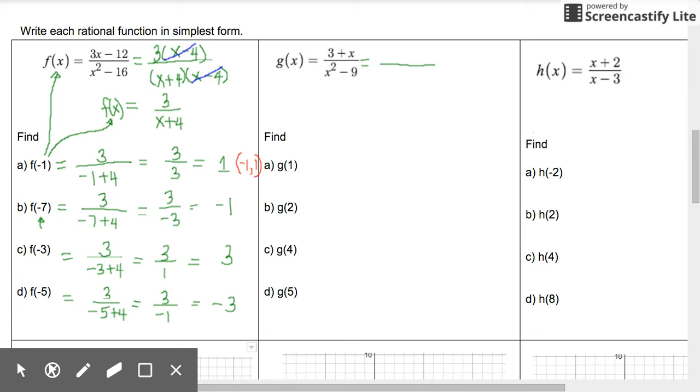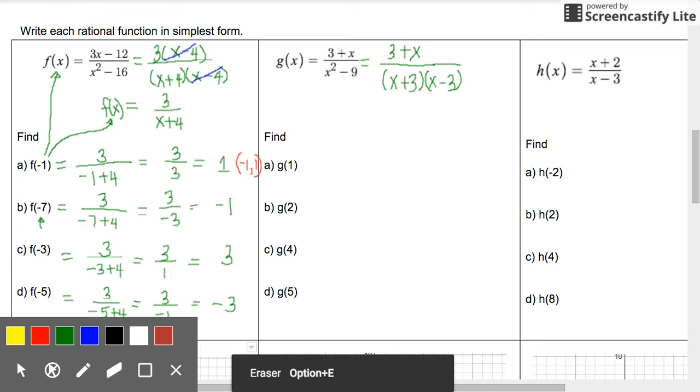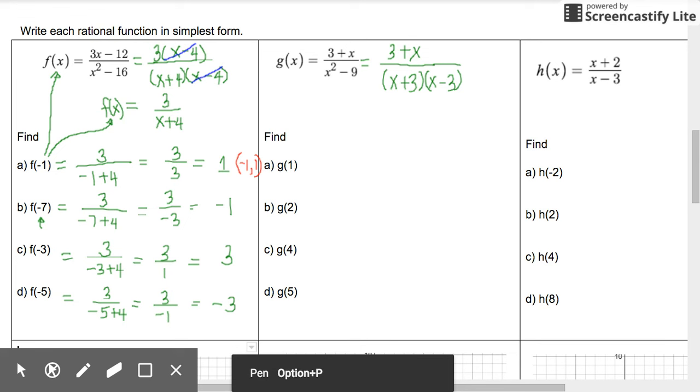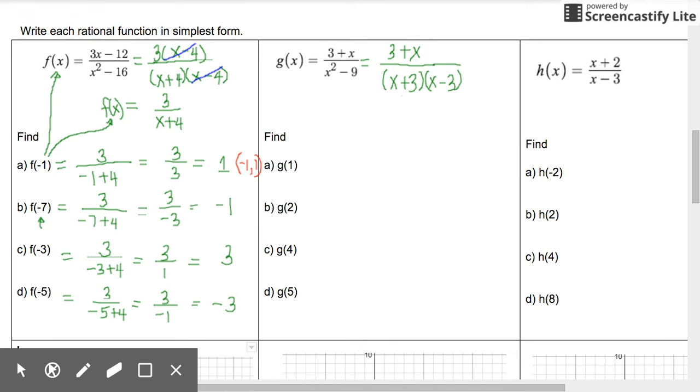The numerator 3 plus x cannot be factored anymore. So we'll just write here 3 plus x. We can also write this as x plus 3. The denominator is a difference of two squares, so we can factor this as x plus 3 times x minus 3. We notice that we can cancel x plus 3 and 3 plus x.